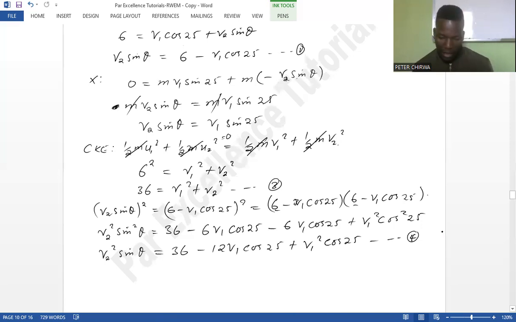So now I also square equation 2. After squaring equation 2, what am I going to have?